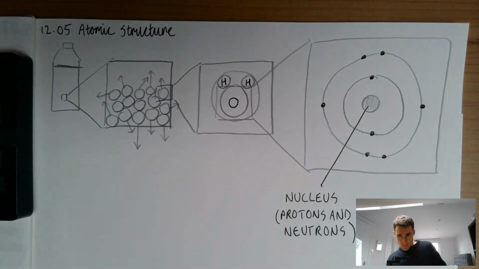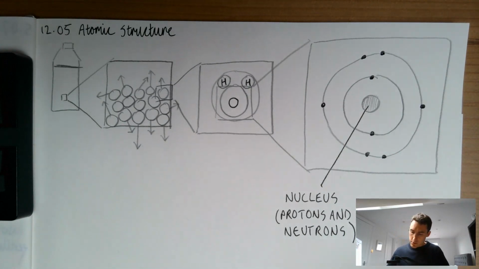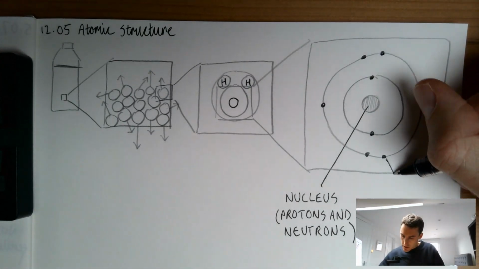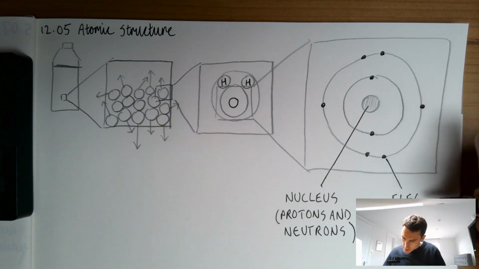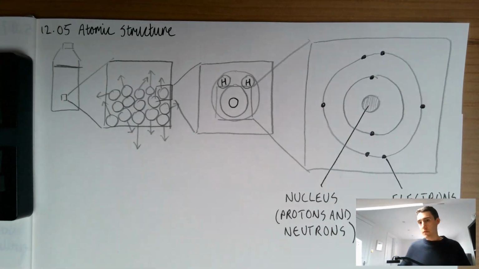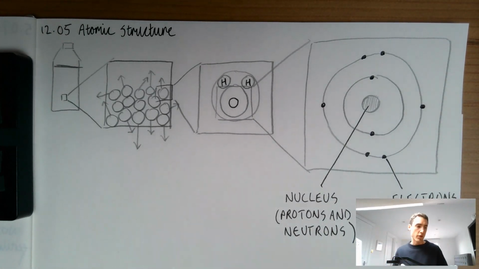I'm going to label these as the electrons. And I'm going to tell them, again, these have a very low mass of almost 0, hence what we said before, most of the mass of the atom is inside the nucleus.